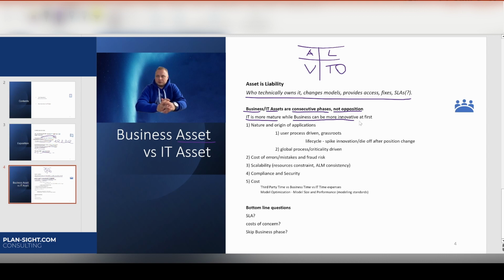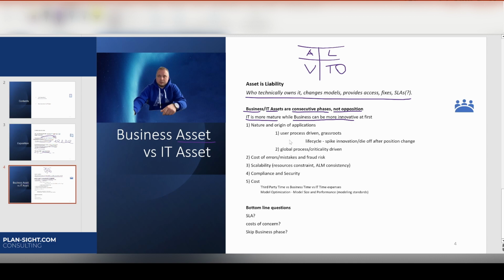And to look at this from different perspectives, again, I would propose to take a step back and think of the nature or the origins of the applications, of how they actually come about. And from my previous experience, I have seen applications originating from two broad sources.